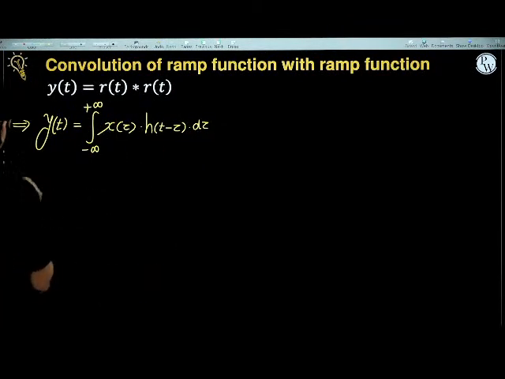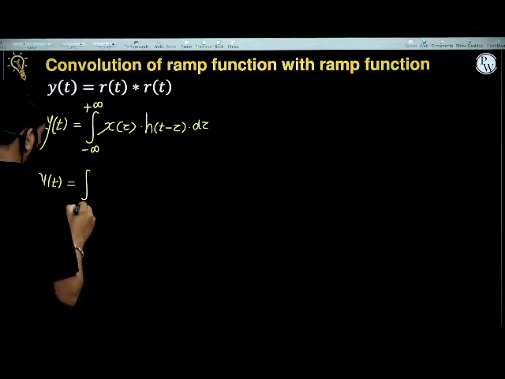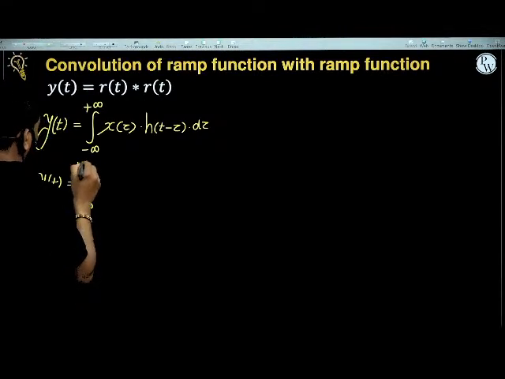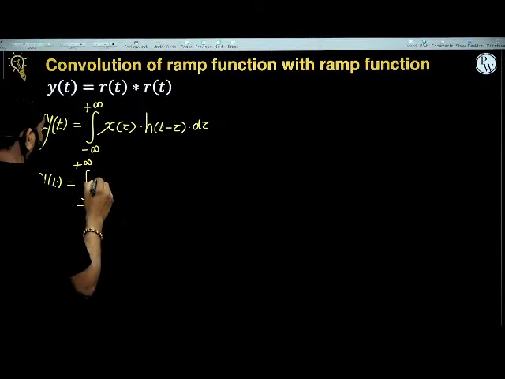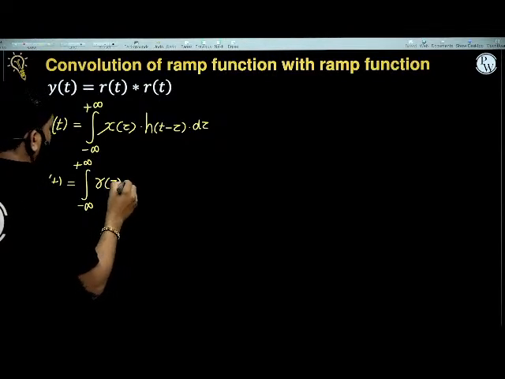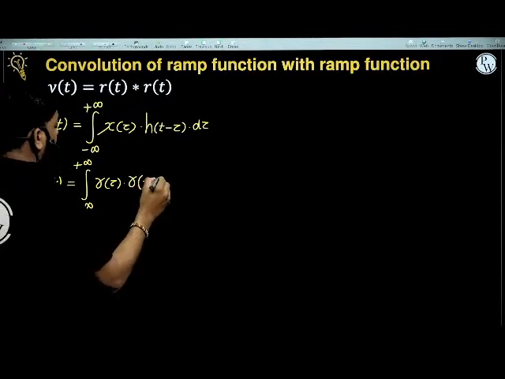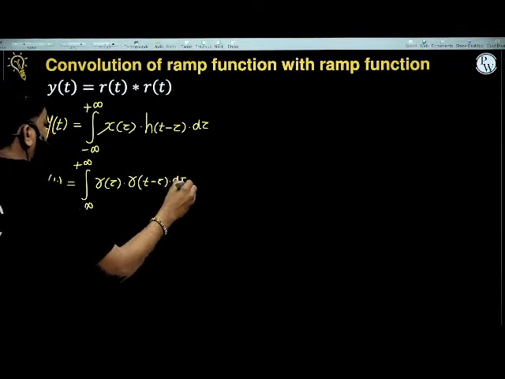So here, from minus infinite to plus infinite, this is r of tau and this is r of t minus tau d tau.